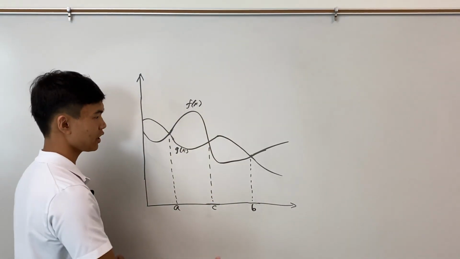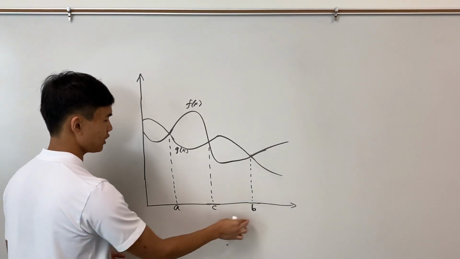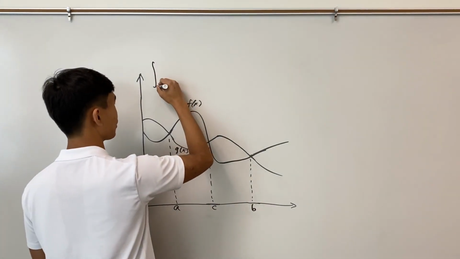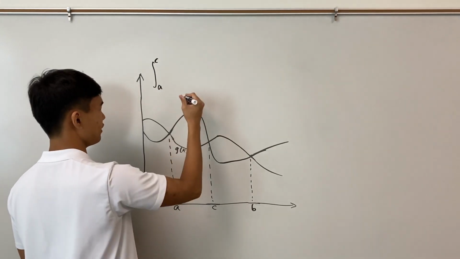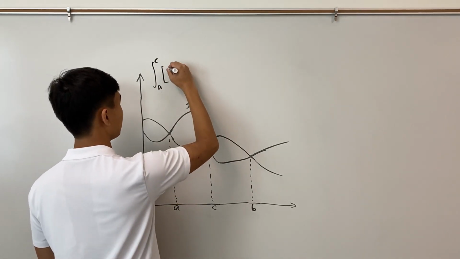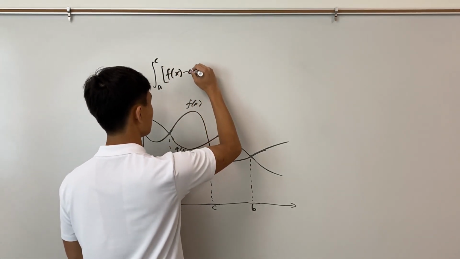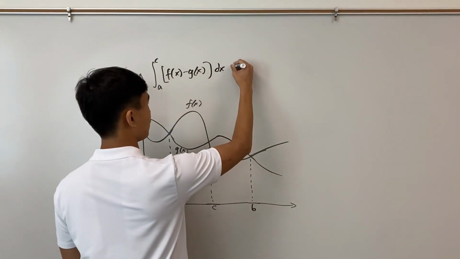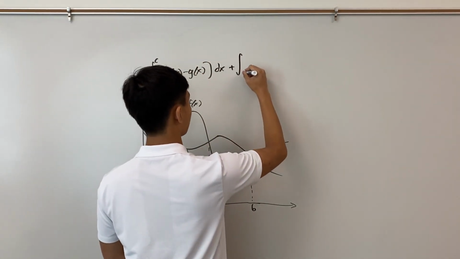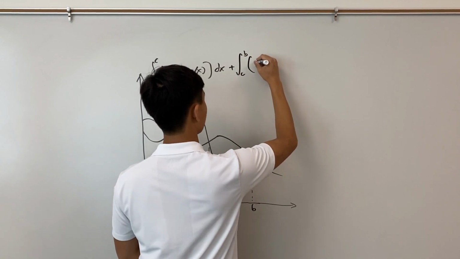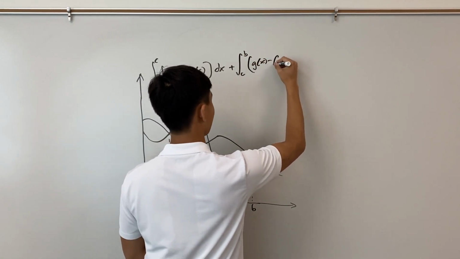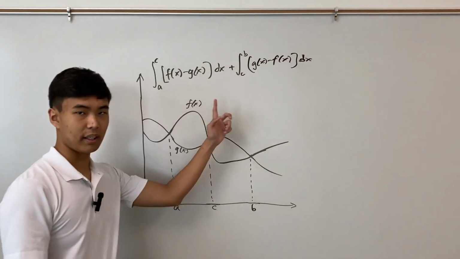So in this case, the area between the curves from A to B is the integral from A to C of f of x minus g of x plus the integral from C to B of g of x minus f of x dx.